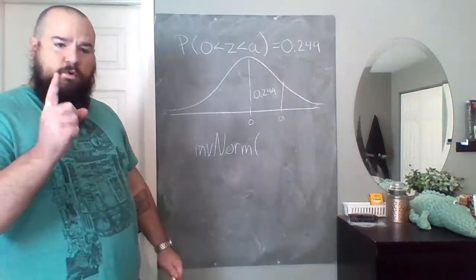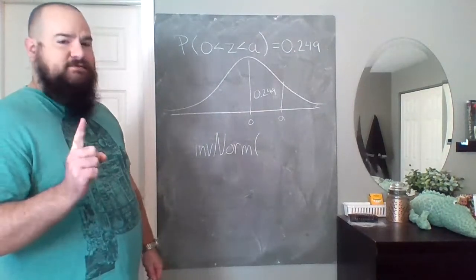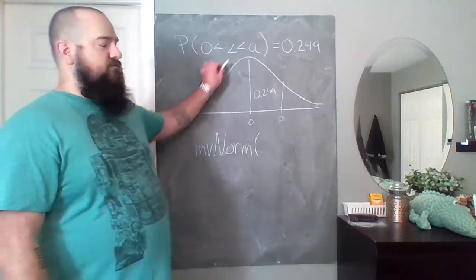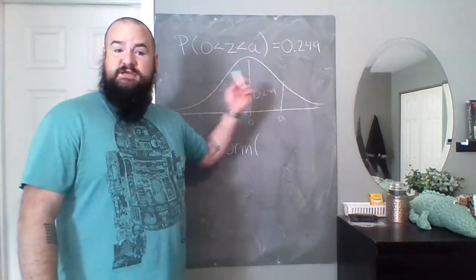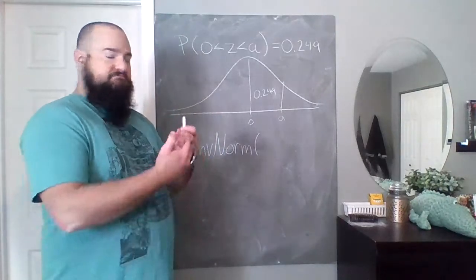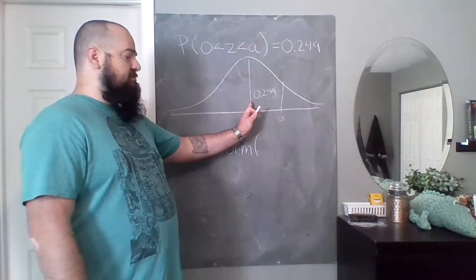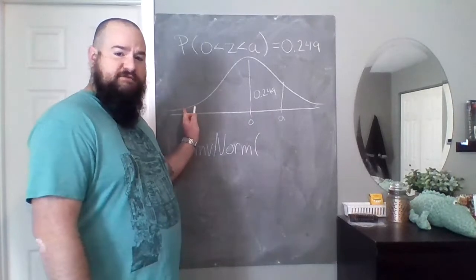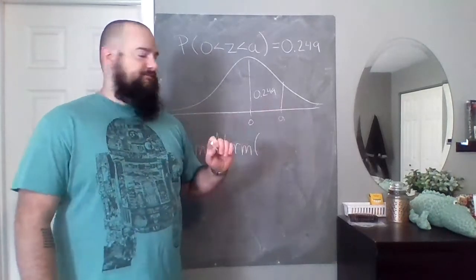Well, it relies on one really simple fact. And that simple fact is that a normal curve is bell-shaped and symmetrical. Symmetrical meaning that the area under the curve to the left of 0 is equal to the area to the right of 0.